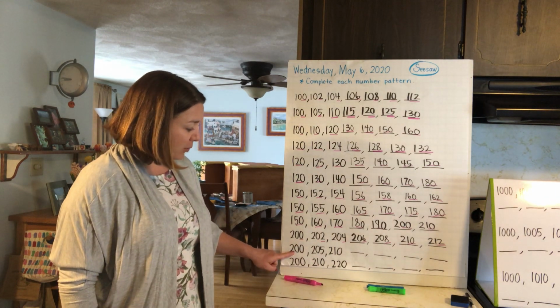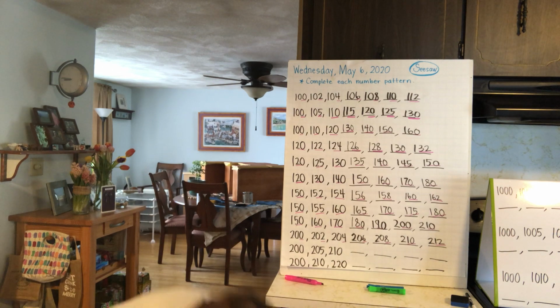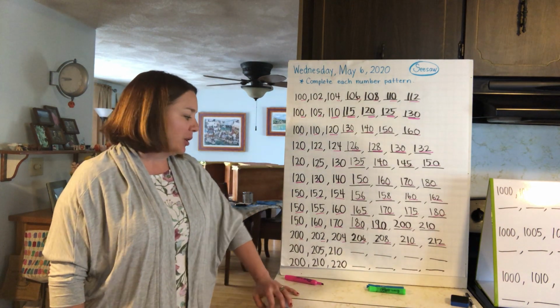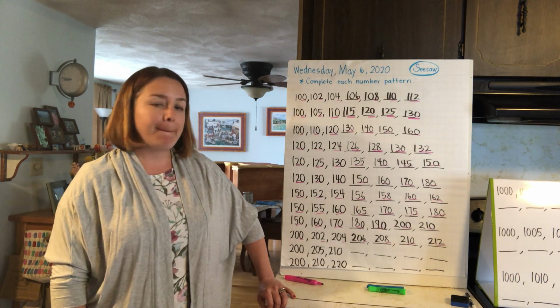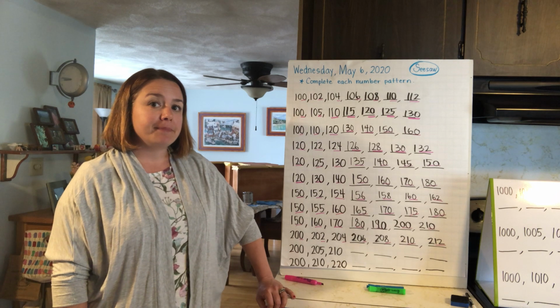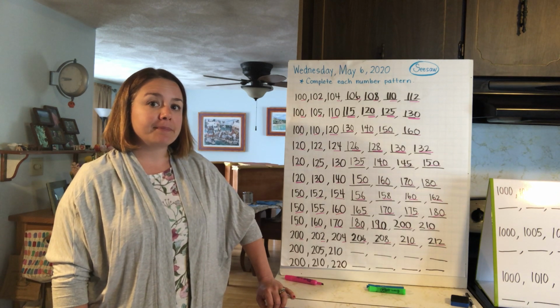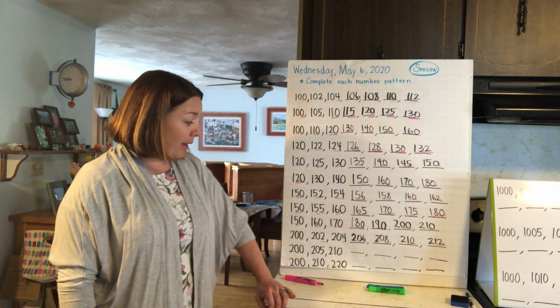All right, here we go. The next one, 200, 205, 210. Write those numbers, then write the next four numbers. We're counting by fives.